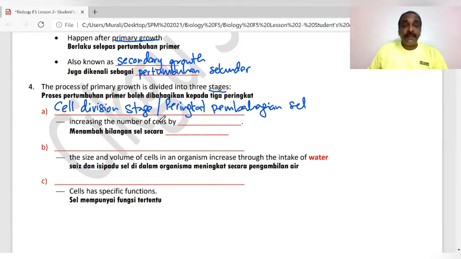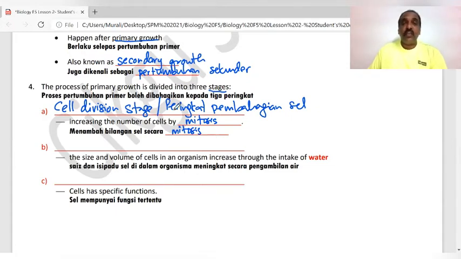So the number of cells will be increased by a process so-called mitosis. Secara pembahagian sel melibatkan mitosis, no meiosis. Meiosis untuk menyediakan sel-sel gamit sahaja. Gamit jantan, gamit betina, pollen grain and also ovules. But ini mitosis. Mitosis, semua maklumat genetik sama, the characteristic, everything same.